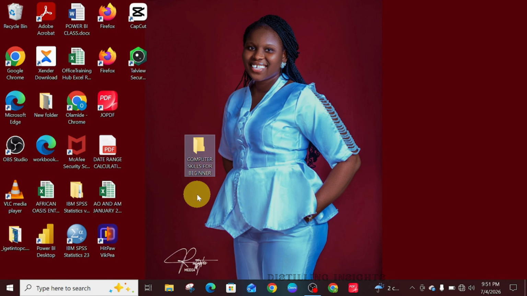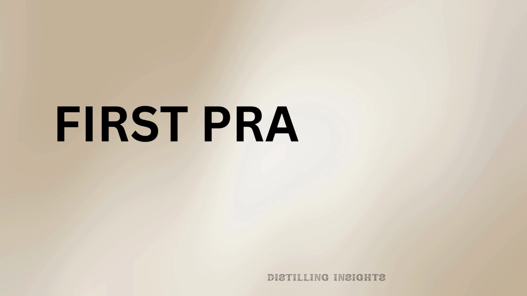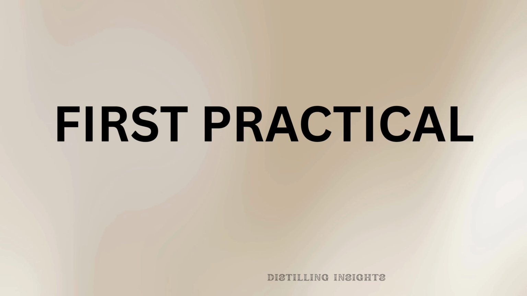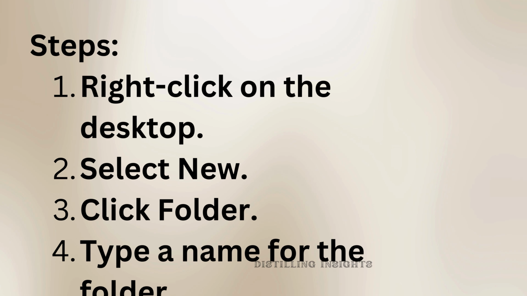At this point, you should already know where Enter is on your keyboard, and also understand what to do with the touchpad. The first practical I'm giving you is to create a folder and name it with any name that you like.